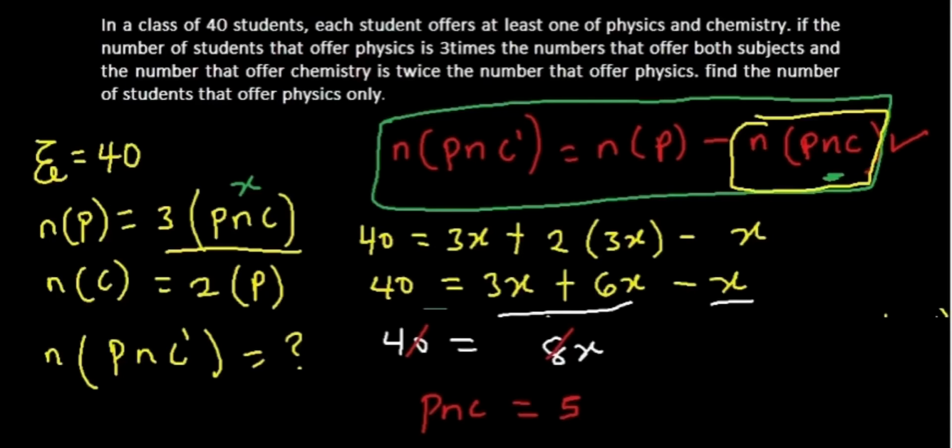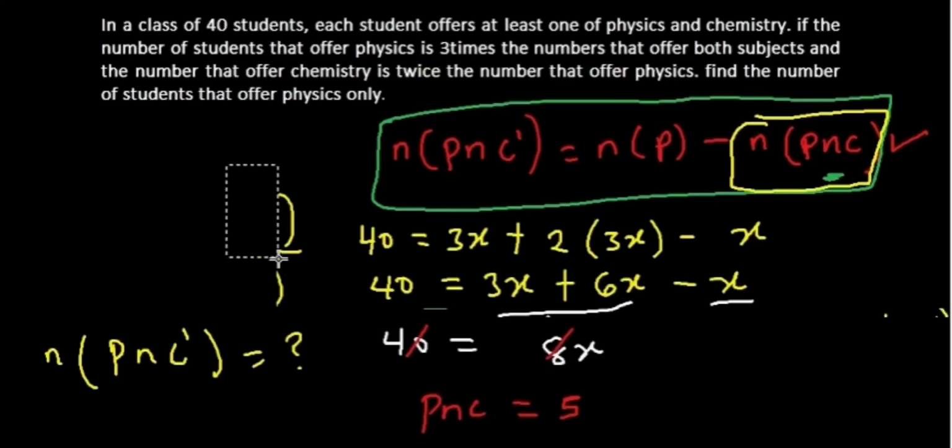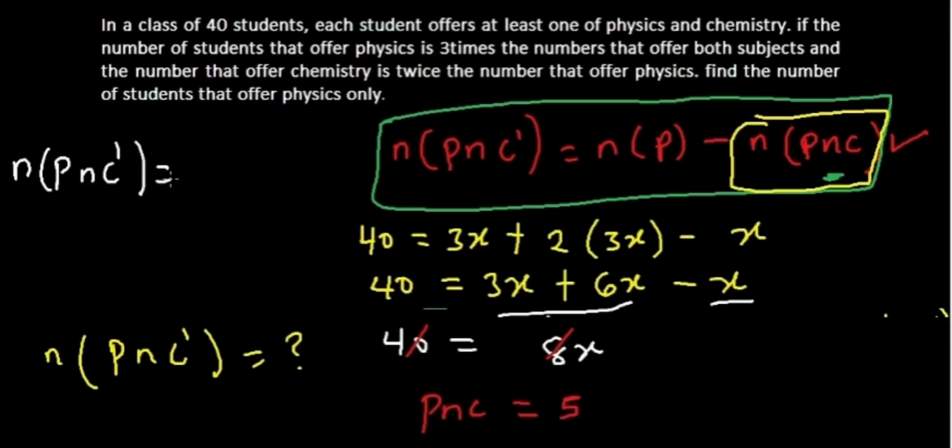Our final answer now, after we must have substituted: for P only, P intersection C complement is equal to the number of P as given in the question, which is 3x, minus this one, which is x.